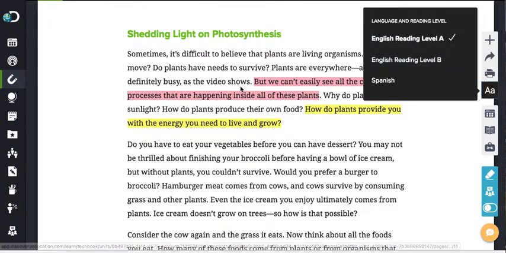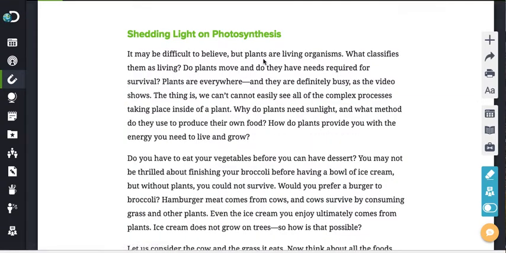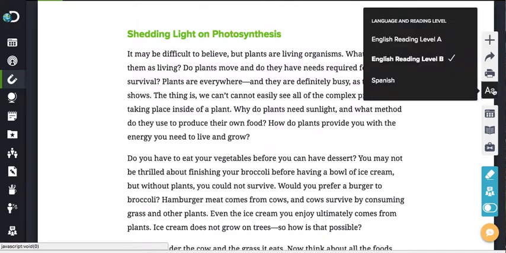I can take this same exact text, and if you felt like it was too easy for you, you can move to level B, and it'll take this same information, just make it slightly more complex in the reading level. So if you feel like you'd like a more complex reading level, then you can choose language option B. The content is the same either way, so it's not like you're getting less with level A and more with level B, it's just the reading level.